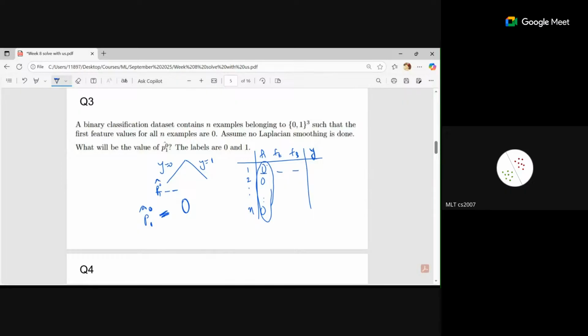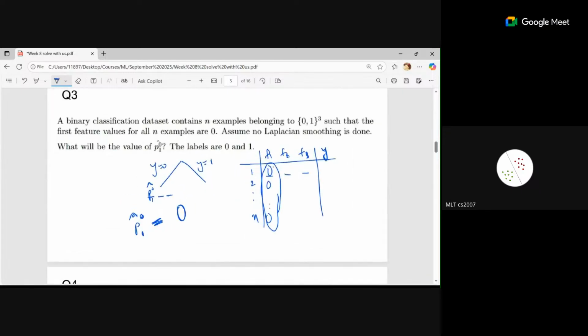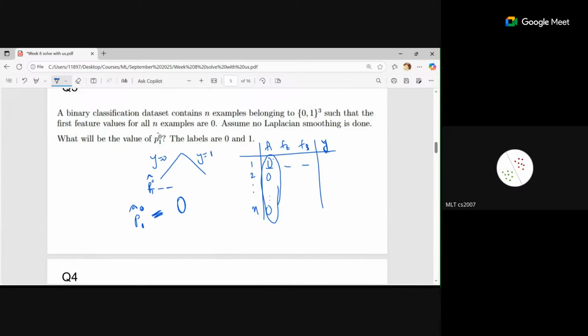So it is asking what is this, P1 not hat? That means the predictor for the first feature, is it like that? And it is answered in the question itself. It is saying that P1 not position 1 is always 0, right?